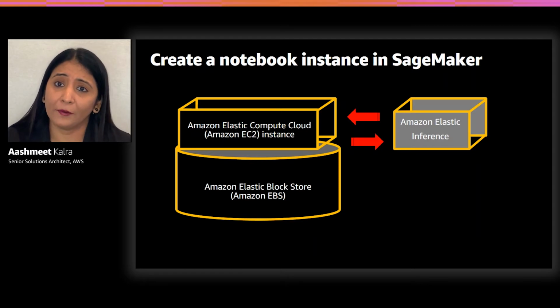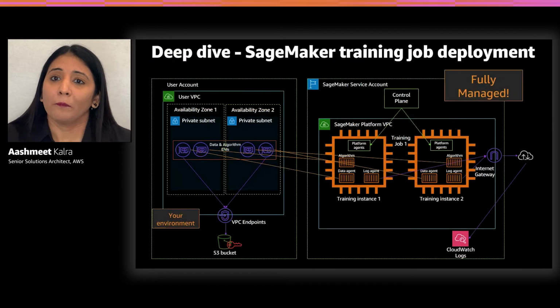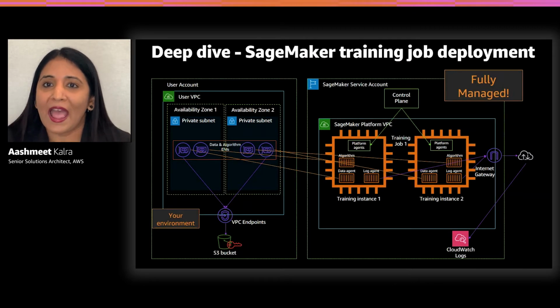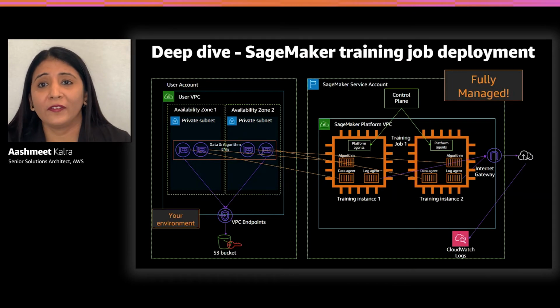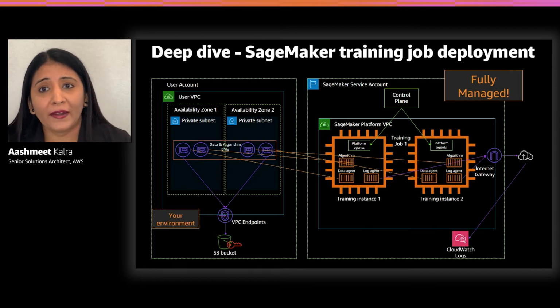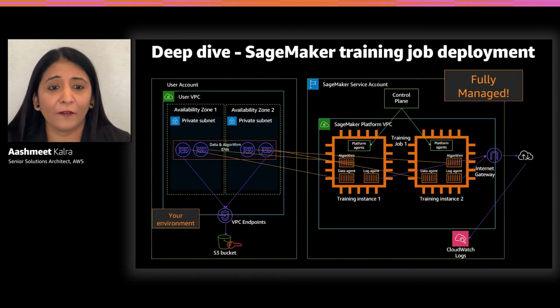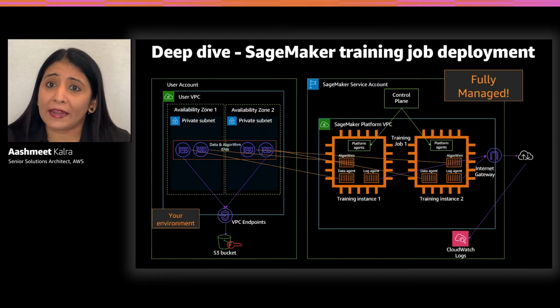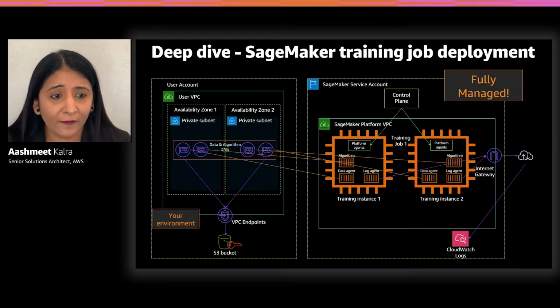Now, because we have created an abstraction layer for Amazon EC2 and EBS as part of a SageMaker environment, to take a step further in understanding how this service works, it's like any other managed service with a data plane and a control plane. The control plane hosts the platform agents to manage the data agents, log agents, and the algorithm.